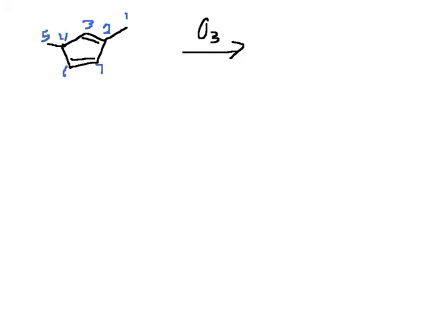Let's do an ozonolysis problem. So we have O3. So what are the products here? The first thing we're going to need to do, number your carbons. 1, 2, 3, 4, 5, 6, and 7.